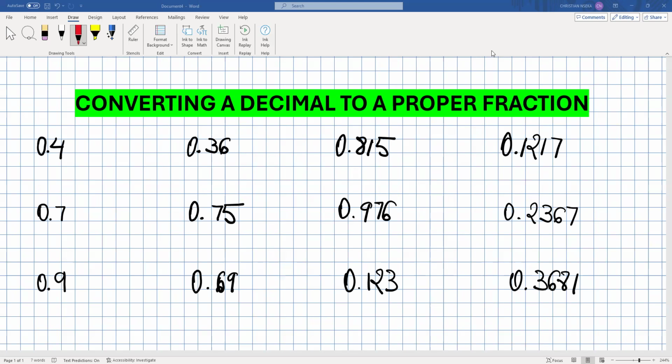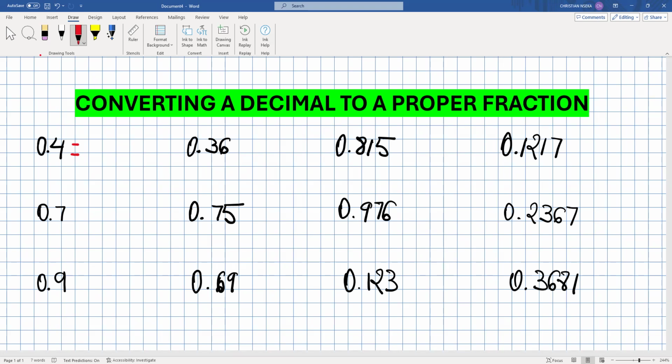All right, so let's do the first one here. We got 0.4. How do you convert that? I'm going to teach you two methods. The first one is to count how many decimal places you have after the decimal point. If you look here, you have only one decimal place, which is 4, after the decimal point.